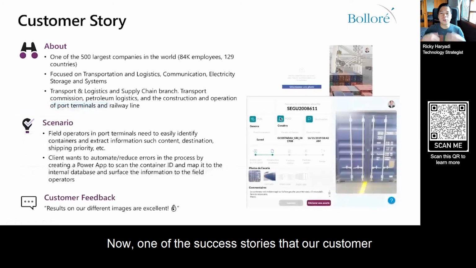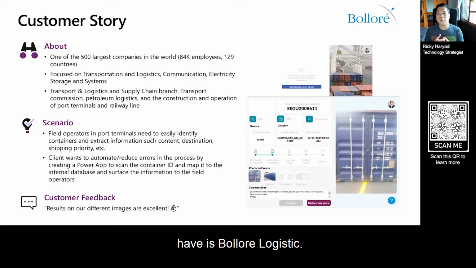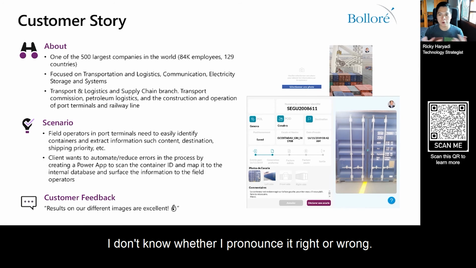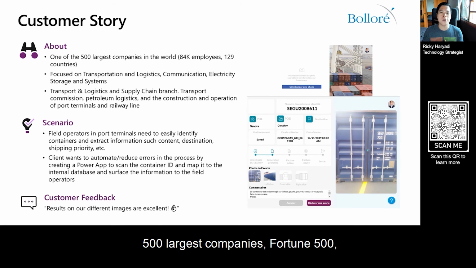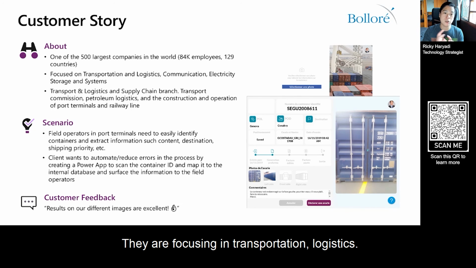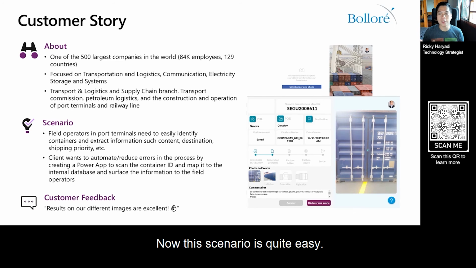One of the success stories that our customer has is Buller Logistic. I don't know whether I pronounce it right or wrong, apologies if I pronounce it wrong. This company is a worldwide logistics company, top Fortune 500, with 84,000 employees in 129 countries. They are focusing on transportation logistics. The scenario is quite easy.